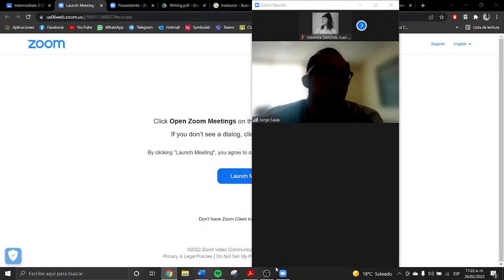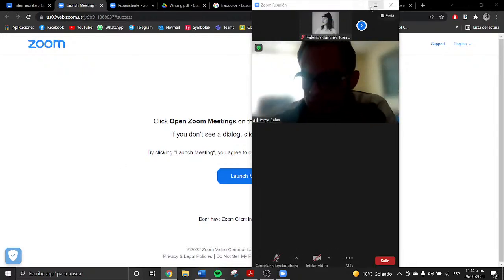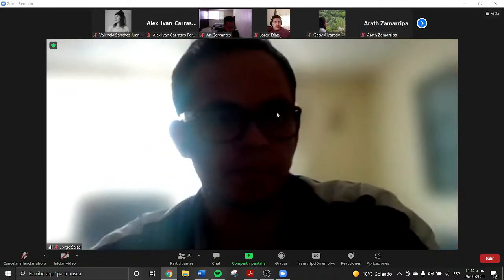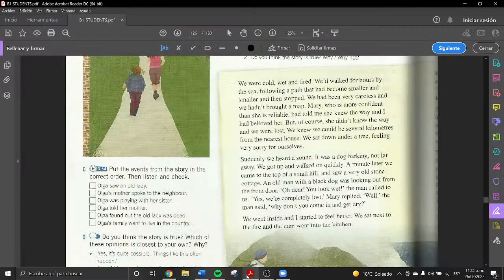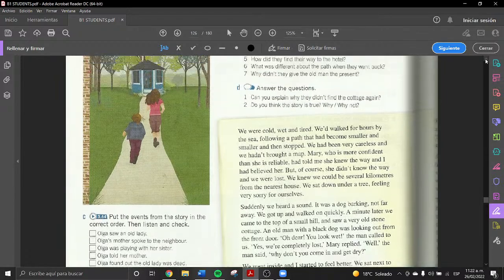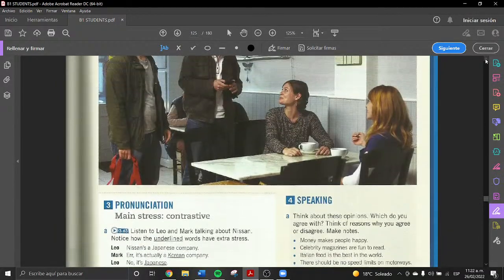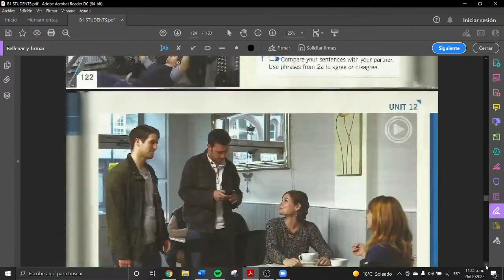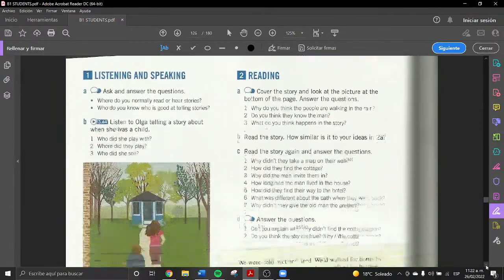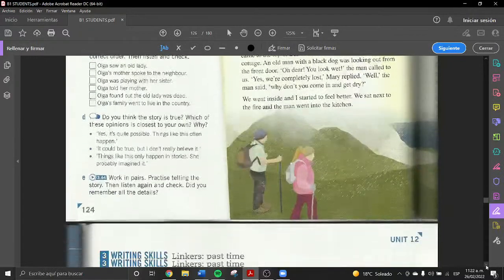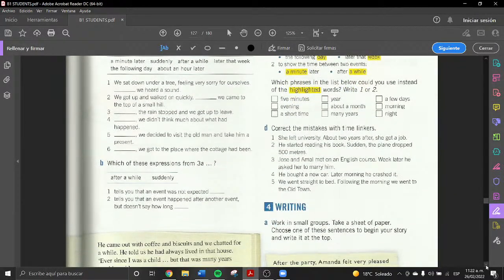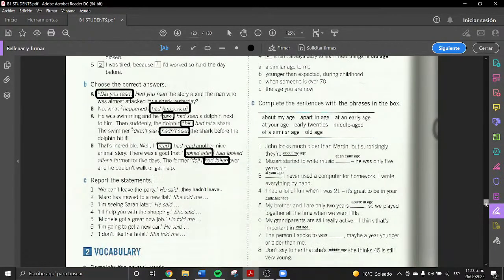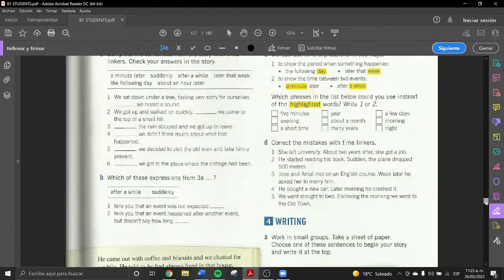Welcome back, all of you. So as we were saying before we left for the break, we are going to start with the writing part of this unit.